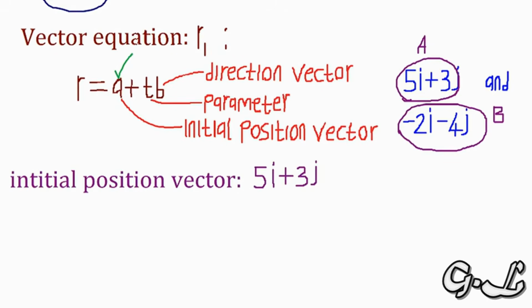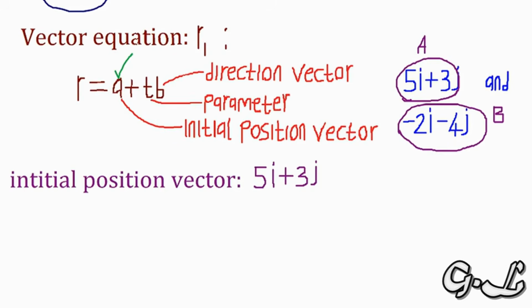So now what we have here is the initial position vector. What is going to be our initial position vector? The initial position vector, you can pick any among the position vectors that you have. In such a case, we have 2, so you're going to choose between these 2.